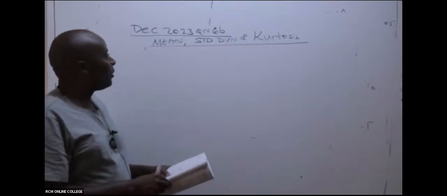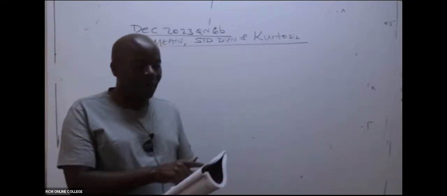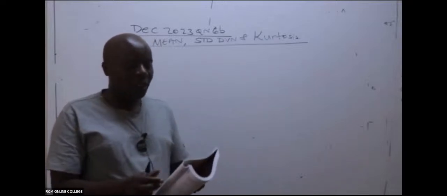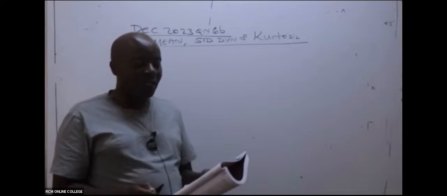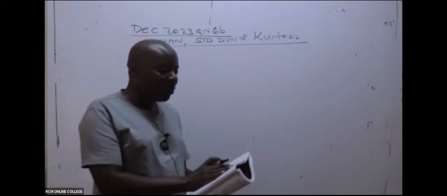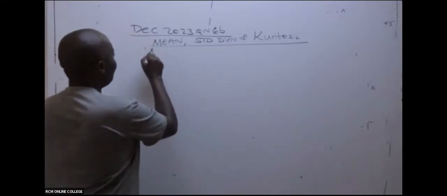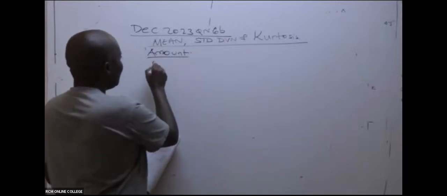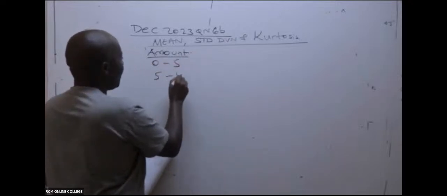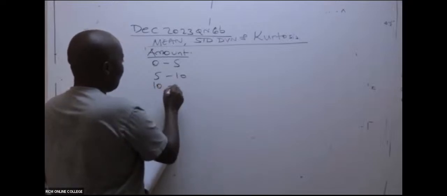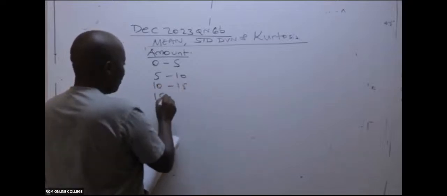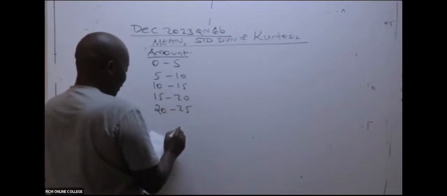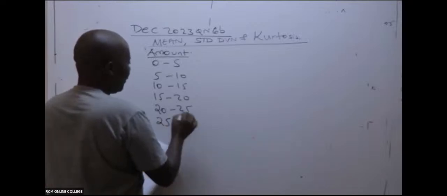So they're telling us there in December 2023, question number 6B, the amount of money spent on purchases by the first 50 customers at a large department store is summarized in the following table. So I can see amount spent: 0 to 5, 5 to 10, 10 to 15, 15 to 20, 20 to 25, 25 to 30.